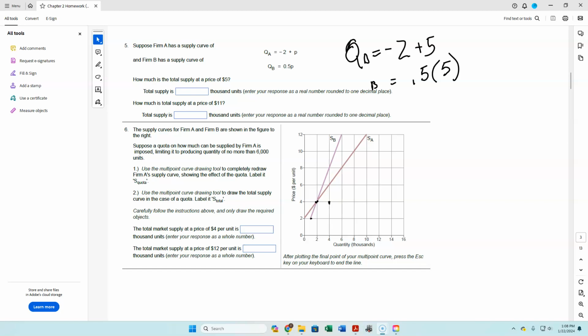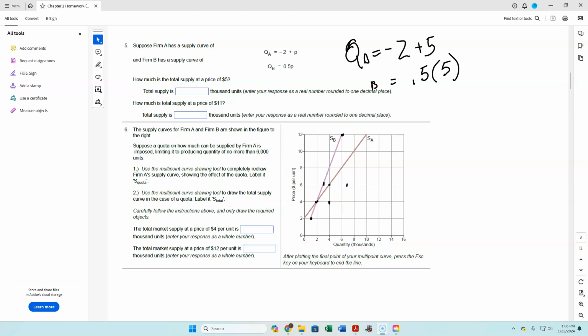And I would start to combine these lines. Then at this price of 6, it looks like I'm at like 3 and 4, which probably is going to put me at about 7, again horizontally summing these. So at the price of 4, I know that my quantity is 4. At the price of 12, I'm going to be horizontally summing 6.